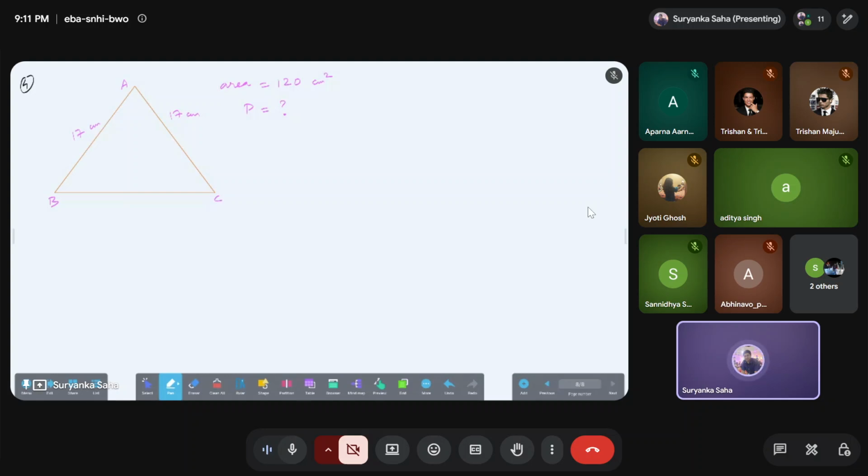Isosceles triangle, obviously you can see that clearly. Chalo, how to do this? Let me give you some advice so that you don't go in the wrong direction.